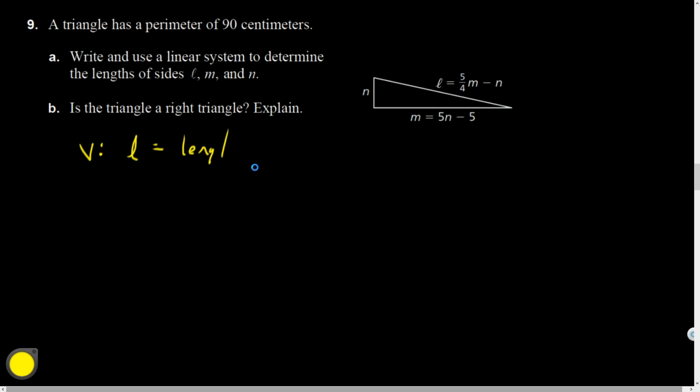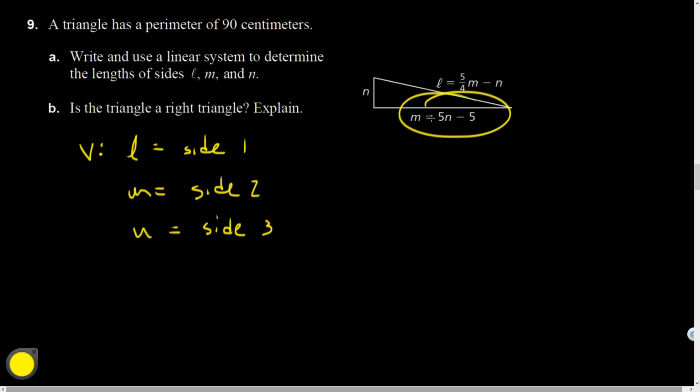No. All right, so yeah, I guess I just have to call it like side 1. And you didn't necessarily have to write this down because they kind of defined them for us. M and N, boom, sides 2 and 3. And these are in centimeters, so I'm assuming these are in centimeters as well.